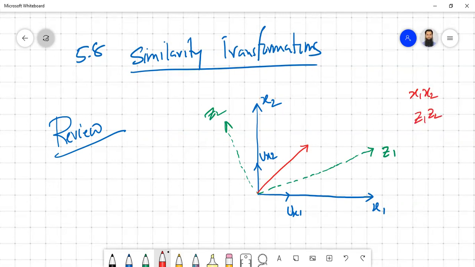So the same vector, the same state x, can be represented in either of the two spaces, x1, x2 space, or z1, z2 space, or we can say that x can also be represented by z, but the same thing can be represented in different ways, like the alternative forms that we have learned.